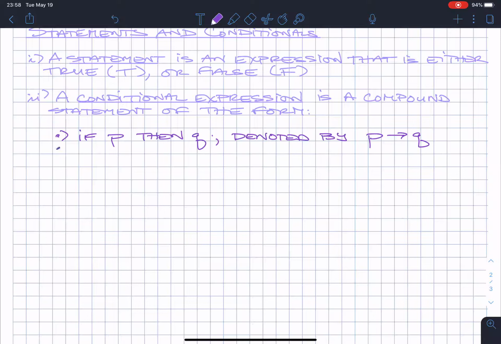So another conditional statement would be if P, then Q, otherwise, or else, S, and that's denoted P right arrow Q, or S. Remember the V or the U both mean or.